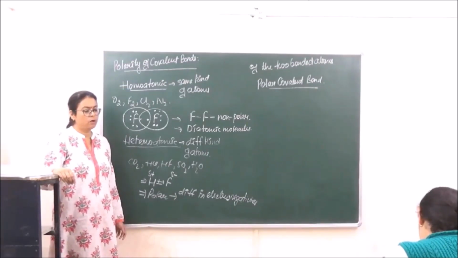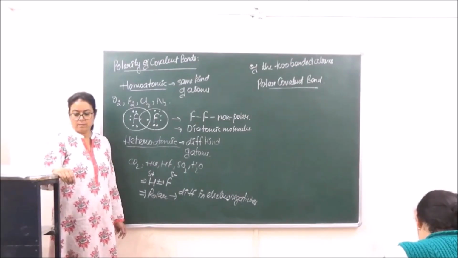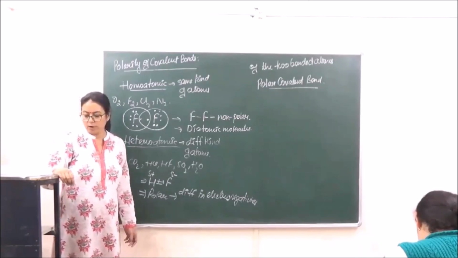A partial positive and negative charge is called polar covalent bond.